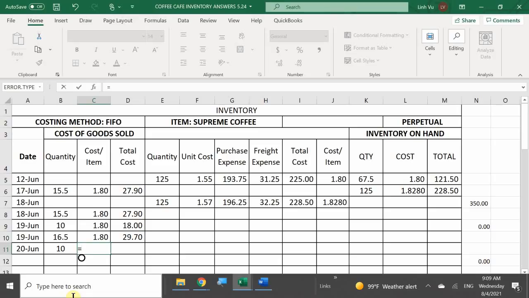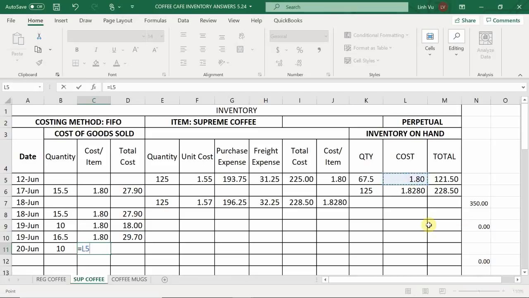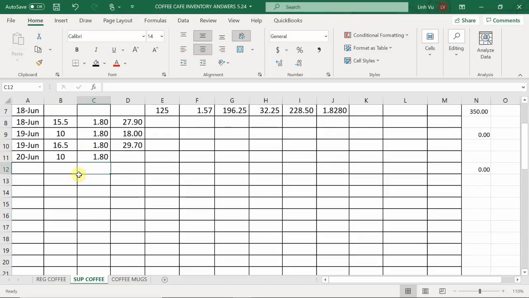First in or first out? Your cost there is $1.80. Excellent. $1.80 because that's the very first batch I still have left. So in this case, how much is it going to cost me to sell 10 pounds at $1.80?